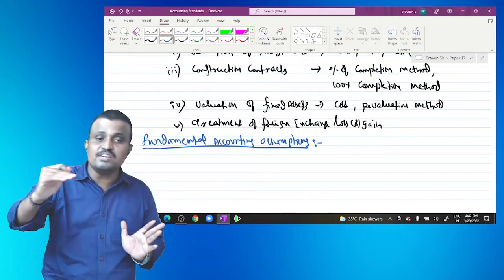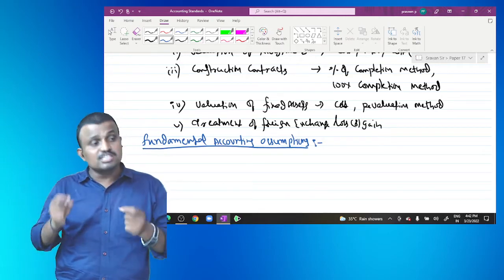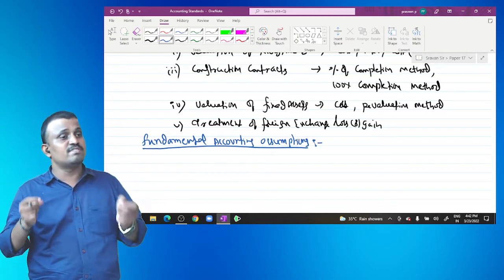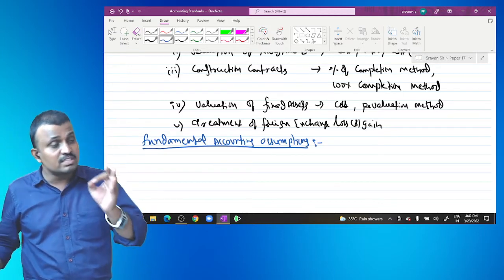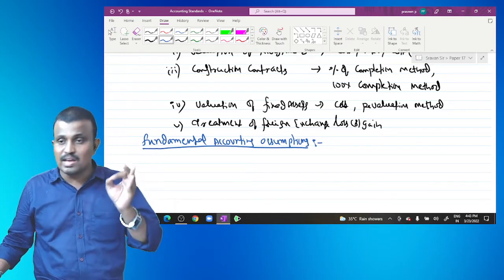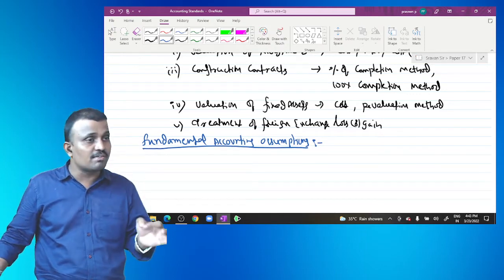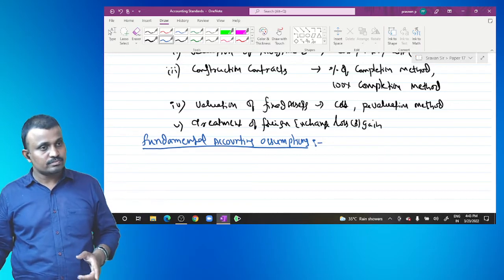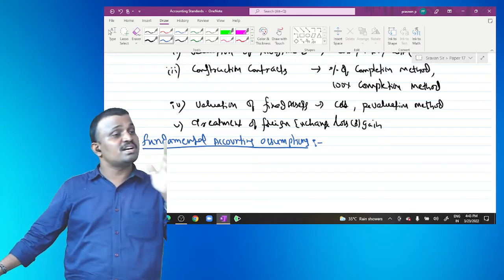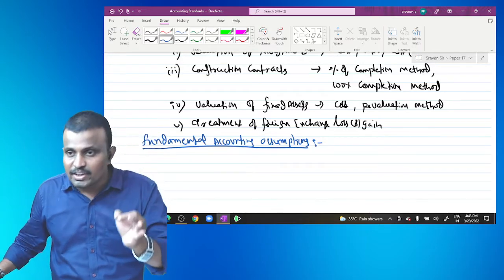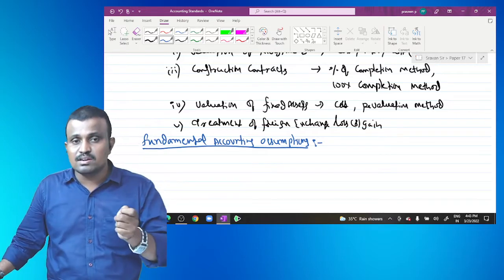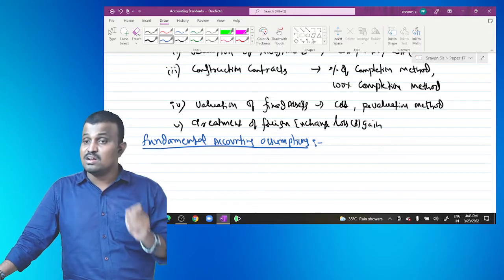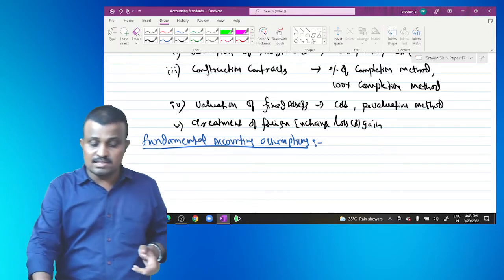Those are generally followed by the party, so disclosure of these fundamental accounting assumptions is not required if they are followed. The disclosure is required to be given in the notes on accounts only if they are not followed.